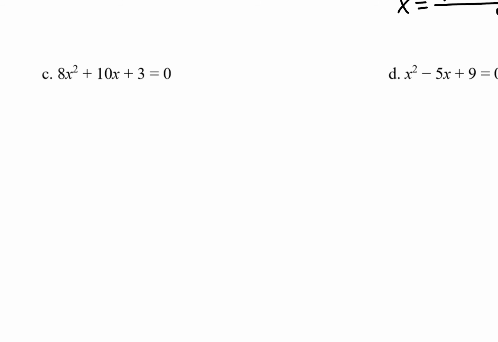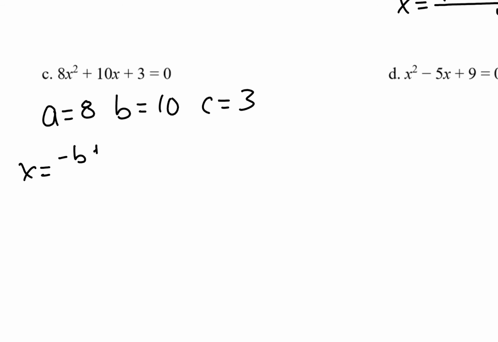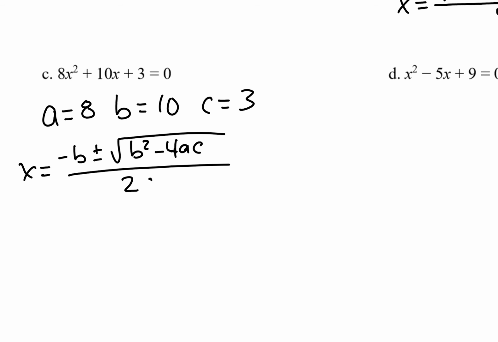C. So same game, right? We're going to identify A, B, and C. And in this case, A is equal to 8, and B equals 10, and C equals 3. So I'm going to write x equals the opposite of B plus or minus the square root of B squared minus 4 times A times C, all divided by 2 times A. So x is equal to, in this case, the opposite of 10.